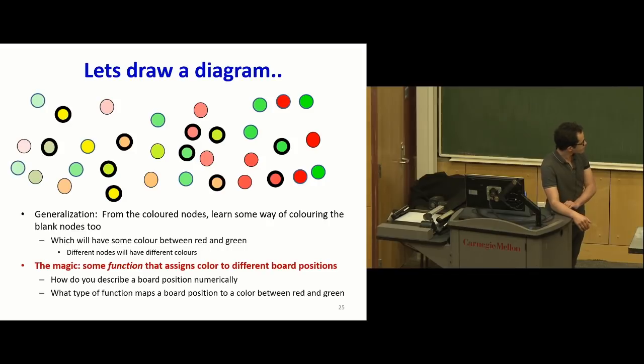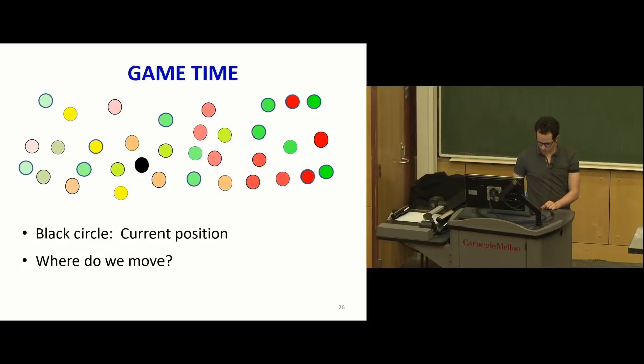But this part of RL you're gonna focus on much later in the course, and today we are gonna focus on another question, which is from a position, where do you move?